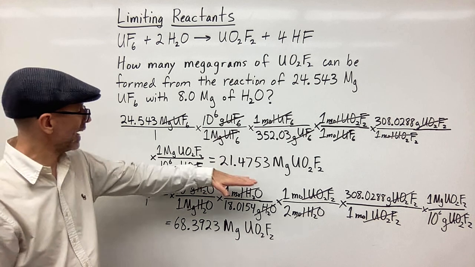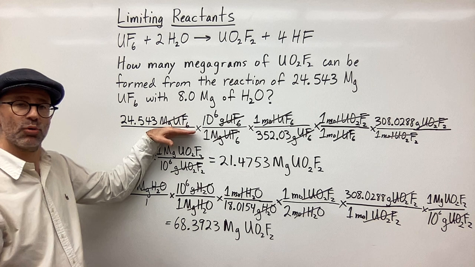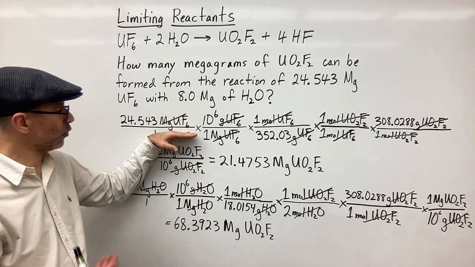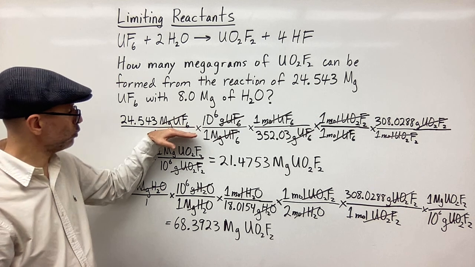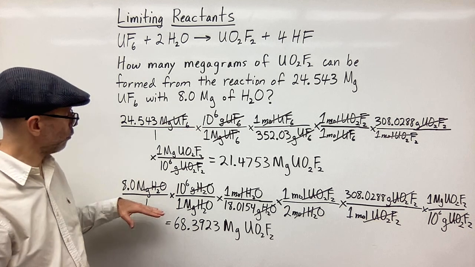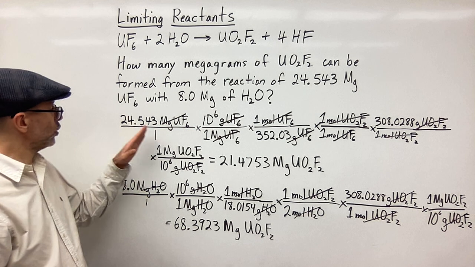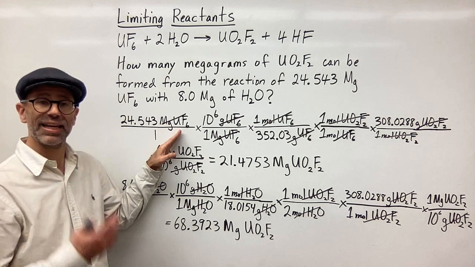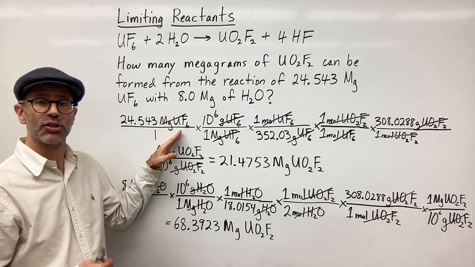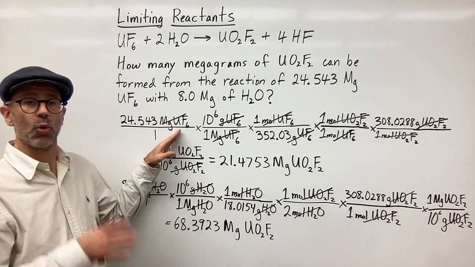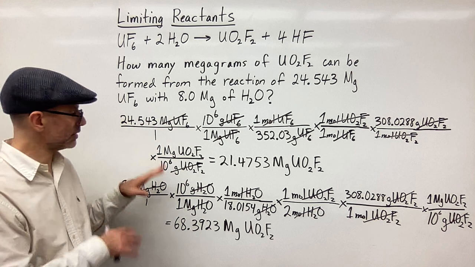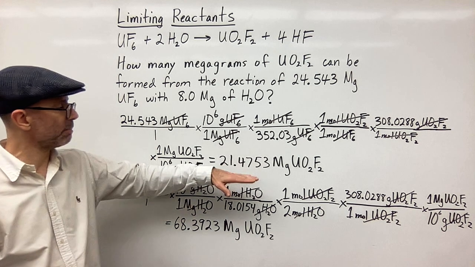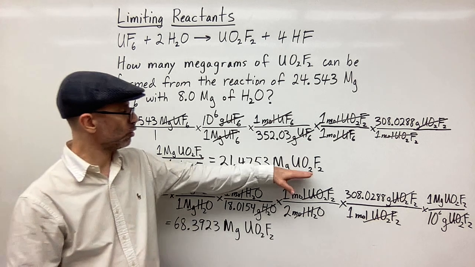So that means that the amount of UF6 we're given is going to run out first. It's not going to produce as much. So the UF6 is our limiting reactant, so it's going to limit the amount that we can make. So the maximum amount we can make with these amounts of reactants is going to be the 21.4753 megagrams of the UO2F2.